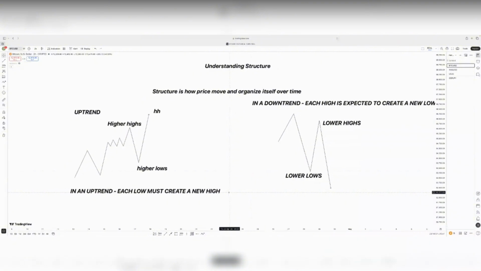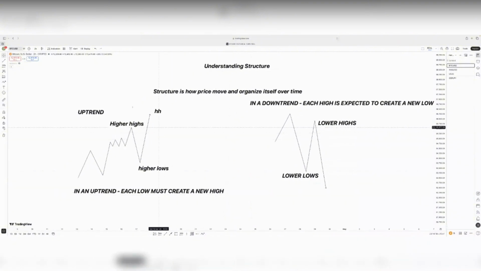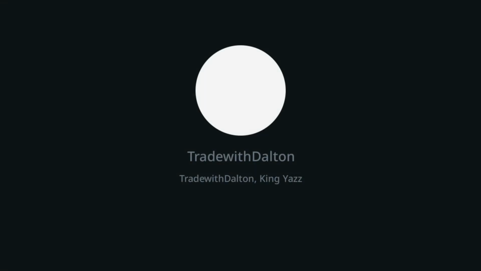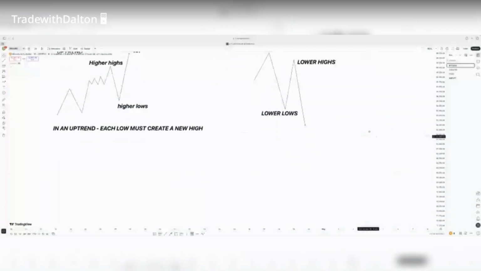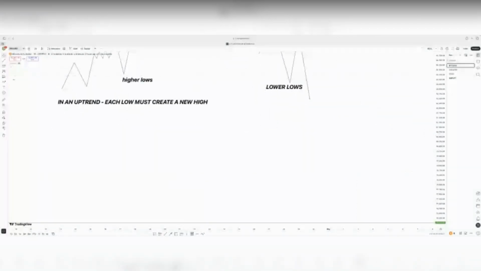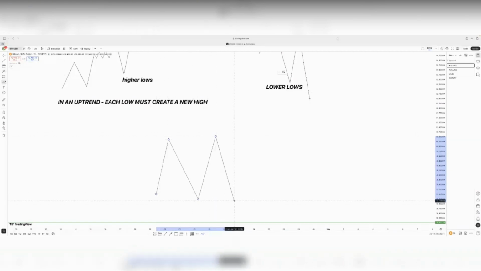All right, now a market can either be bullish or bearish, but this happens 30% of the time. Other times, it can consolidate, where price just roams around, not making a new high or new low.